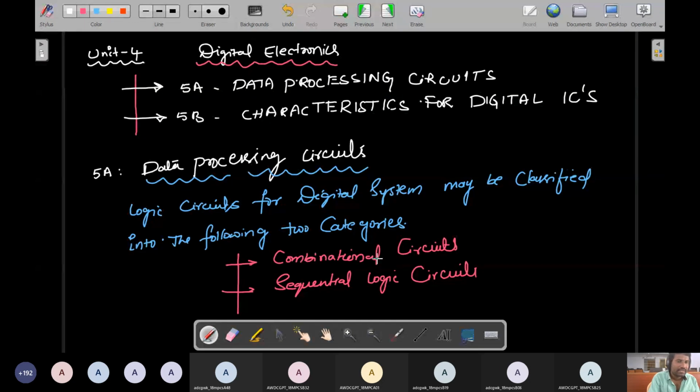Right now we are discussing combinational circuits first, sequential logic circuits next. Sequential logic circuits will come in the fifth unit. Right now I'm discussing combinational circuits only.